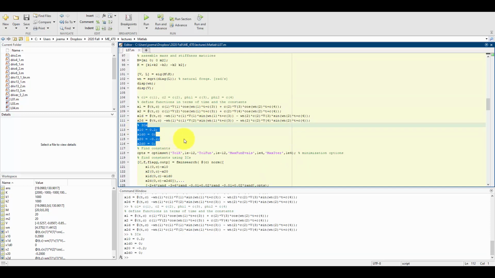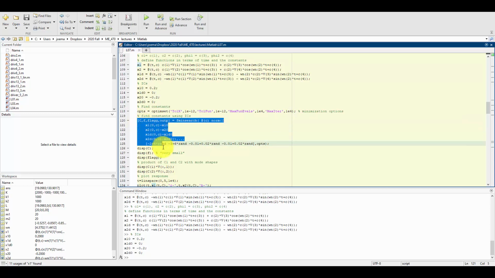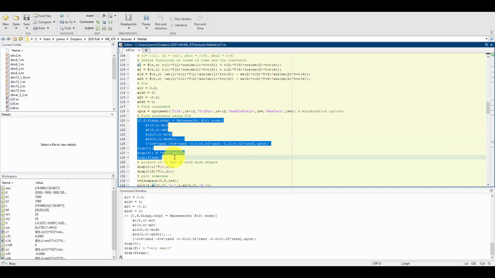And then I put in my initial conditions, and now I am going to find my constants. So same method I used in the first example here. I want to minimize the square of each of the equations. So the minimum is going to occur when my sum of the squares is 0. That means that each one would be exactly satisfied. So we've seen this before, so I'll run it and just check the results.